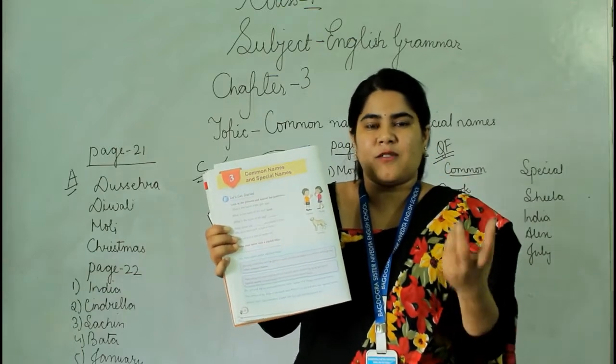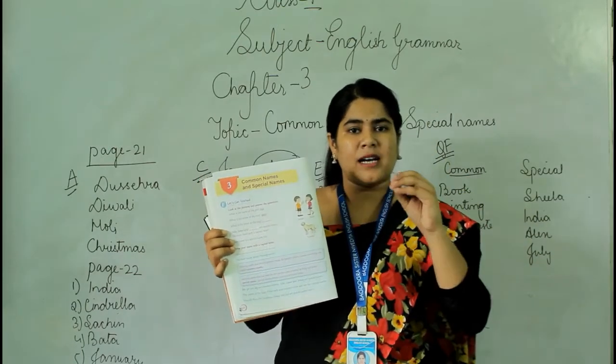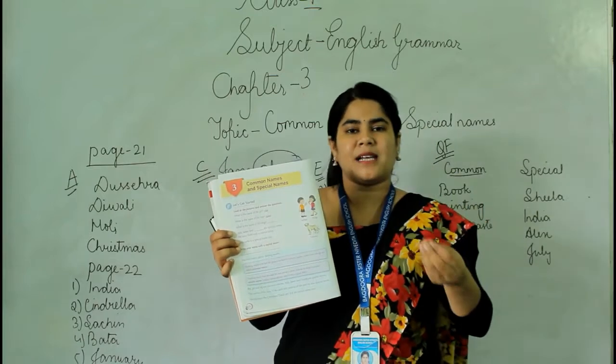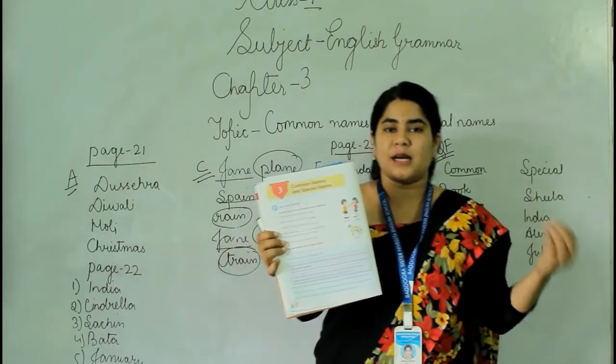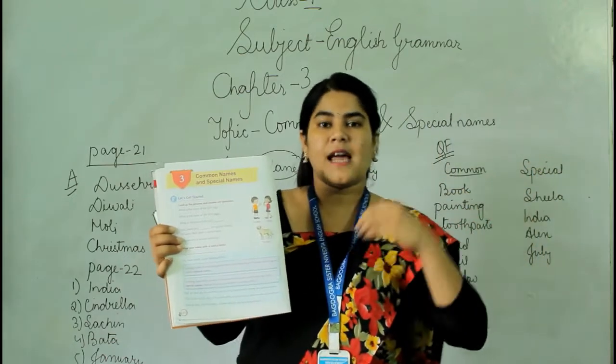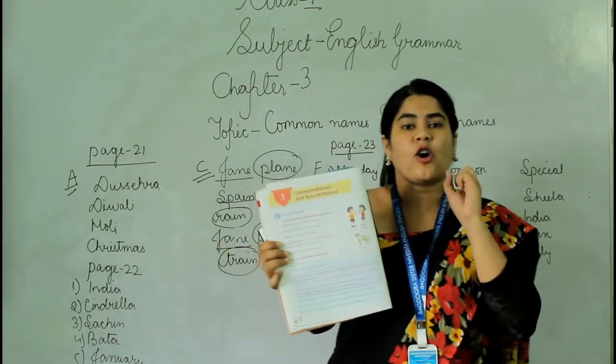But if I am talking about animal, can you say which particular animal I am talking about? No. Just as I gave you the example of mother and father, we all have a mother, we all have a father, parents, so they all are called common names.